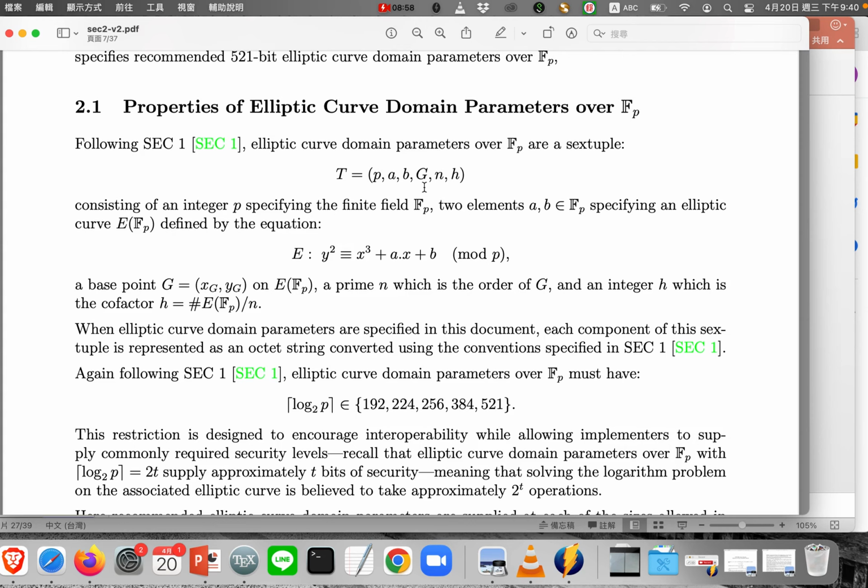We can view this as a generator of the group, and then hopefully every point on the curve can be represented as a scalar multiple of G. And then n is the number of points. I said it is extremely difficult to calculate precisely. We only have estimates.